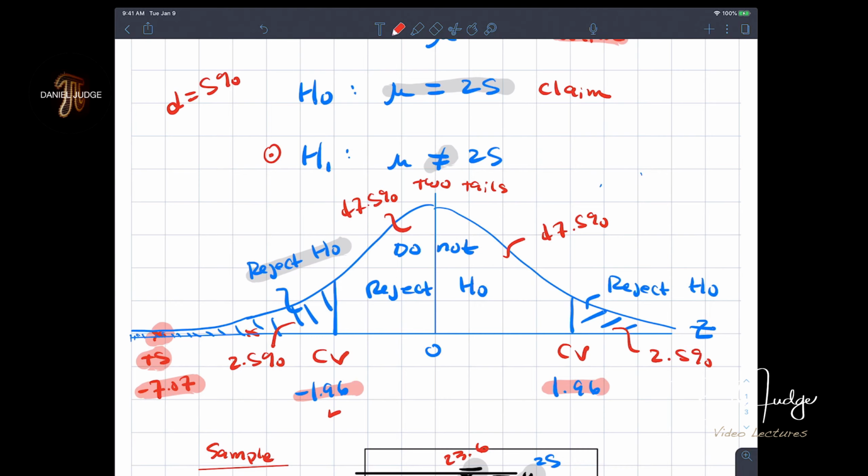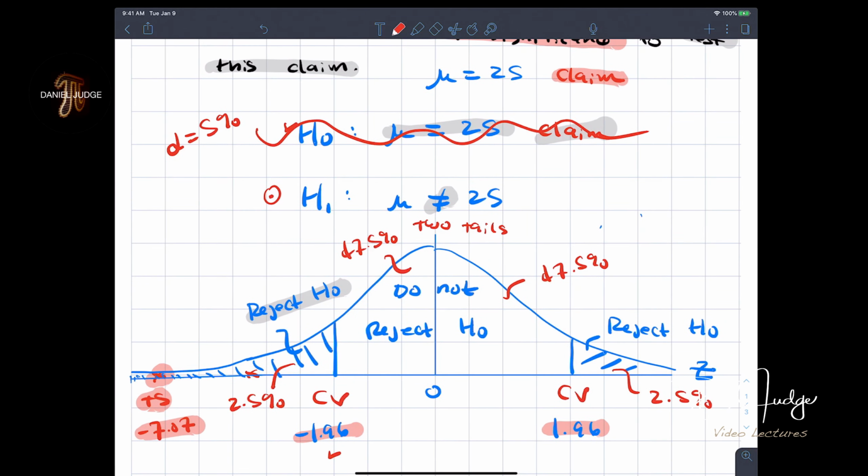Do you guys know where the null is? Here's where the null is, ladies and gentlemen. It's right here. And when you reject something, you're throwing it out. And what you happen to reject is this important statement right here. You just threw out the claim.